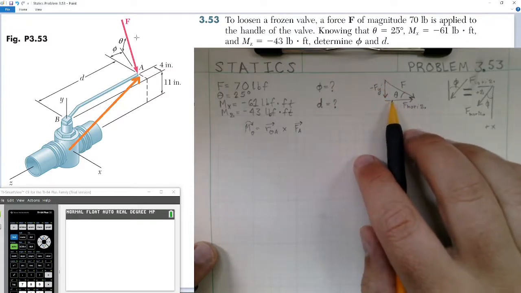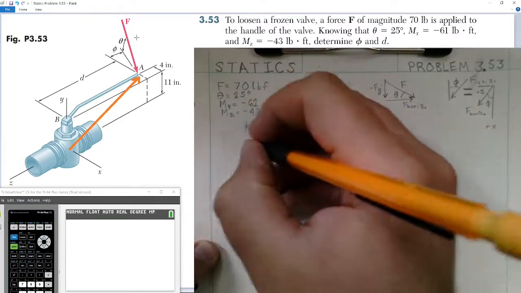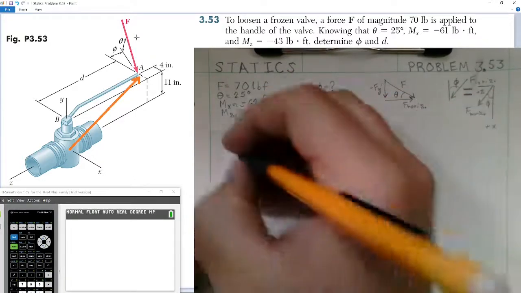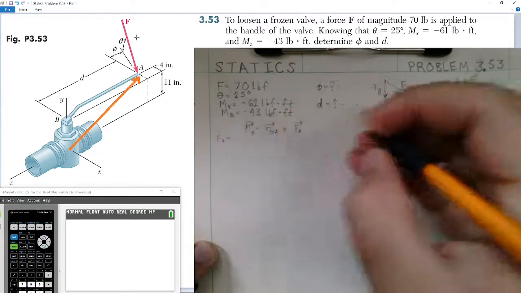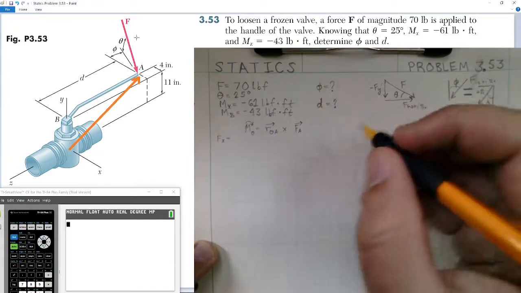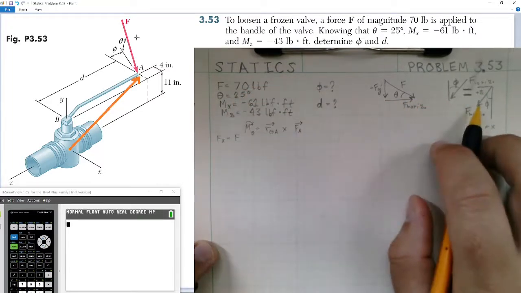It would be the sine of theta based off this diagram. So we have our force in the x direction equal to F times some of these cosines and sines. We'll figure this out in a second.